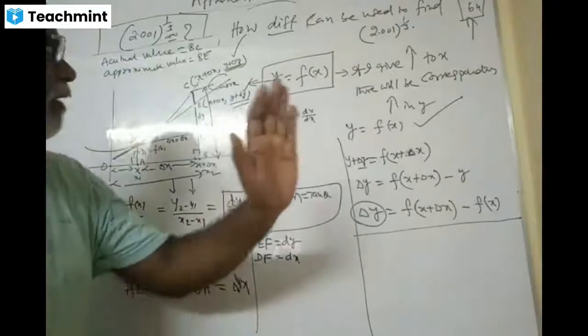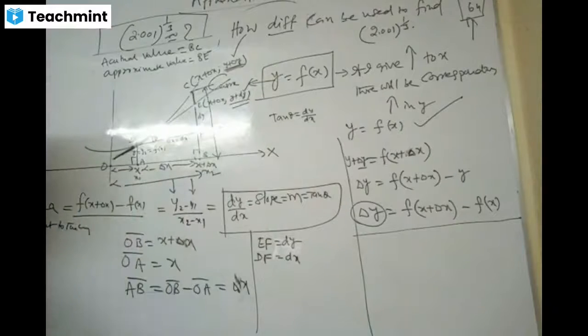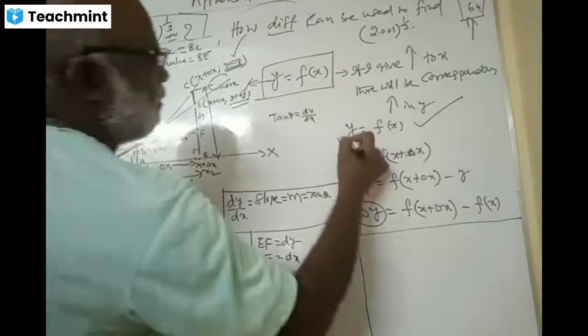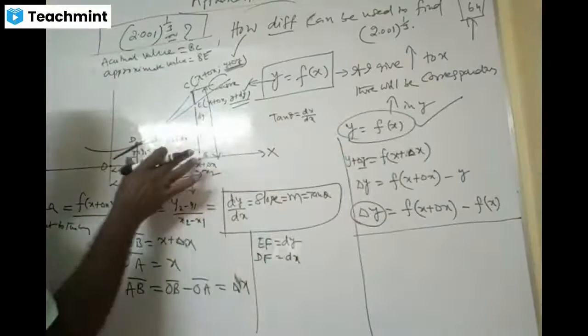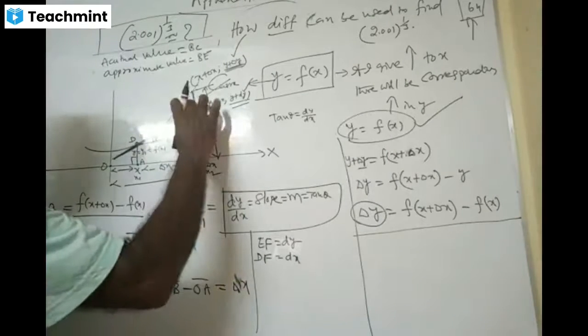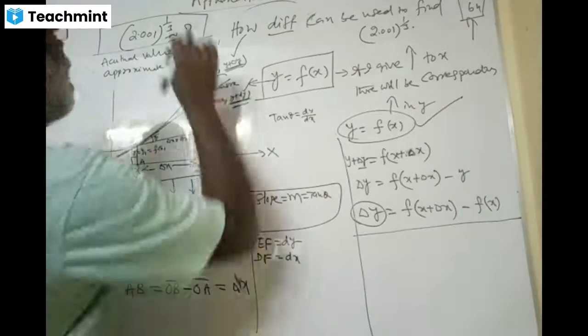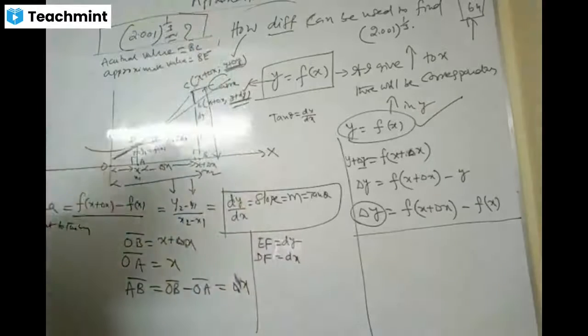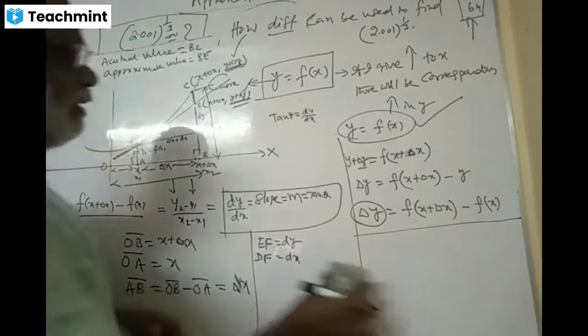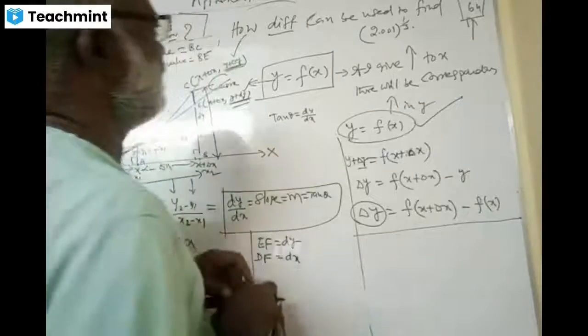Okay, that's the number 1 point. So y is approximate. Our priority now is to find the approximate value of whatever is given, say some 2.001. I hope you have noted these things.